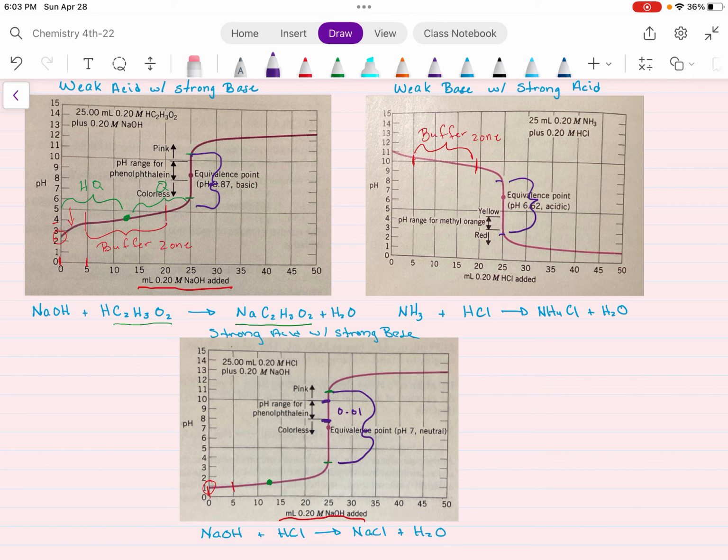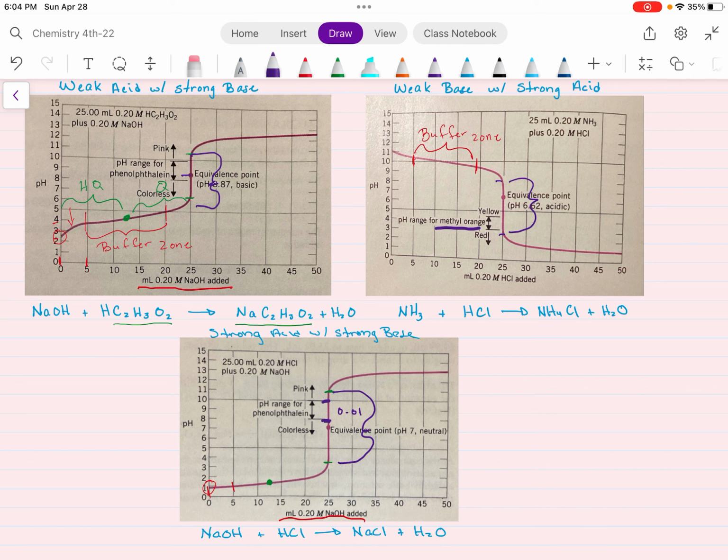But you want to make sure that you're not getting an indicator that's too low, that's beyond the range of this area. Phenolphthalein would actually be a perfect one for this weak acid too, because you can notice the equivalence point is right within the range of your indicator, which would be a perfect endpoint. For this one, however, with the weak base and the strong acid, the indicator that would be better here would be methyl orange.